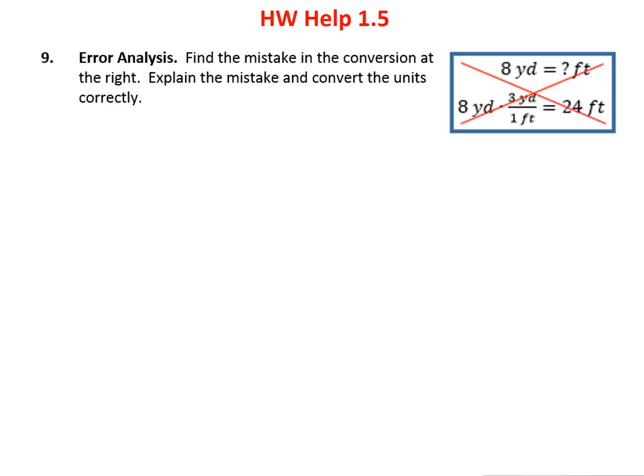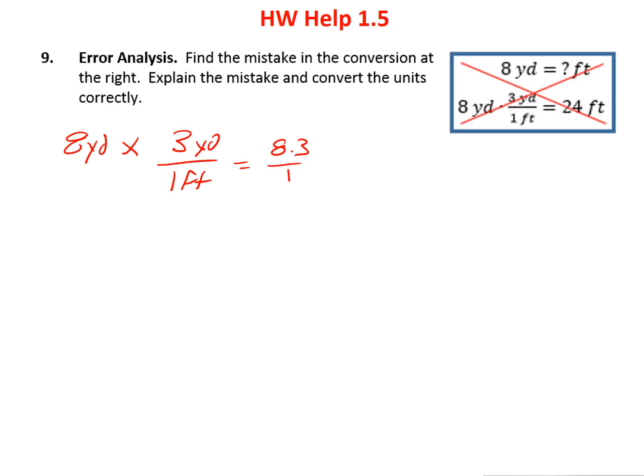Error analysis. Find the mistake in the conversion at right, explain the mistake, and convert the units correctly. All right, they want to know how many yards is, and they set it up this way. They said 8 yards, and then the conversion factor they used was 3 yards is 1 foot. Well, notice something. It is true that you get 8 times 3 divided by 1, you get 24.